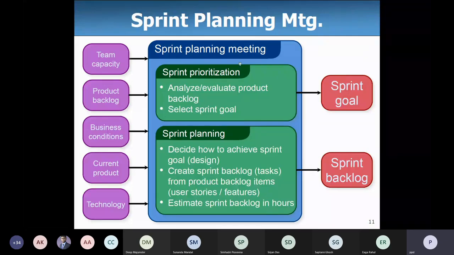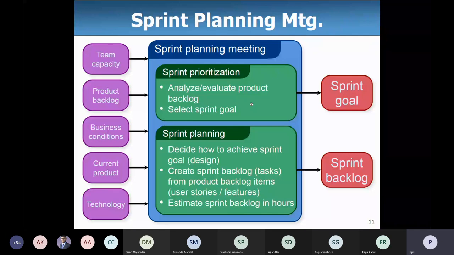So in terms of the ceremonies, the main thing is the sprint planning meeting, which takes in these two inputs: team capacity and the product backlog. Based on that, the sprint prioritization is done, analyzing and evaluating the product backlog and selecting the sprint goals. That is, in the next 1 month, what we'll do. That gives you the sprint goal.